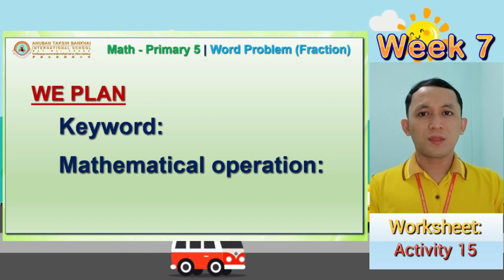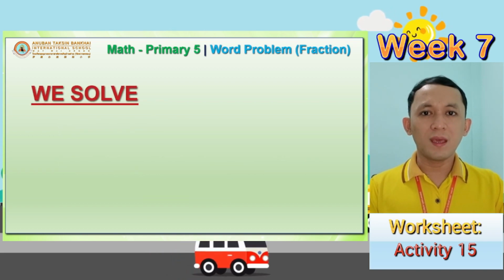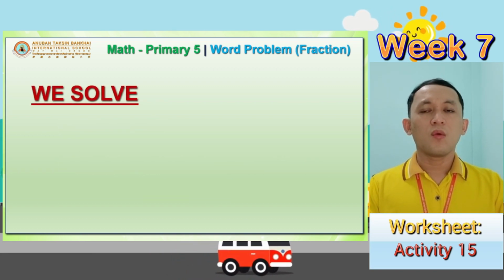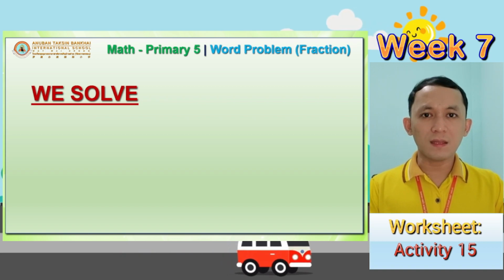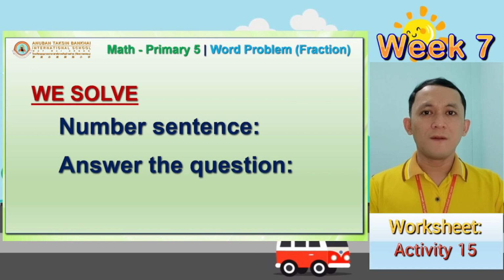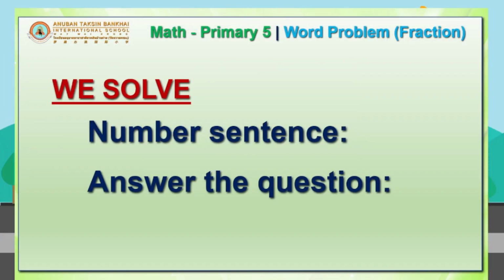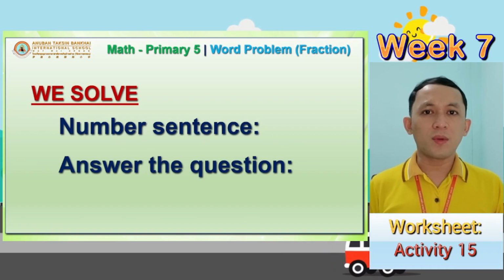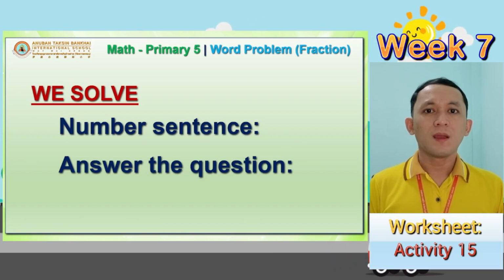The third one is we solve. Here we have our number sentence, and we are going to answer the question. Number sentence means we write the equation showing how we are going to answer our problem.